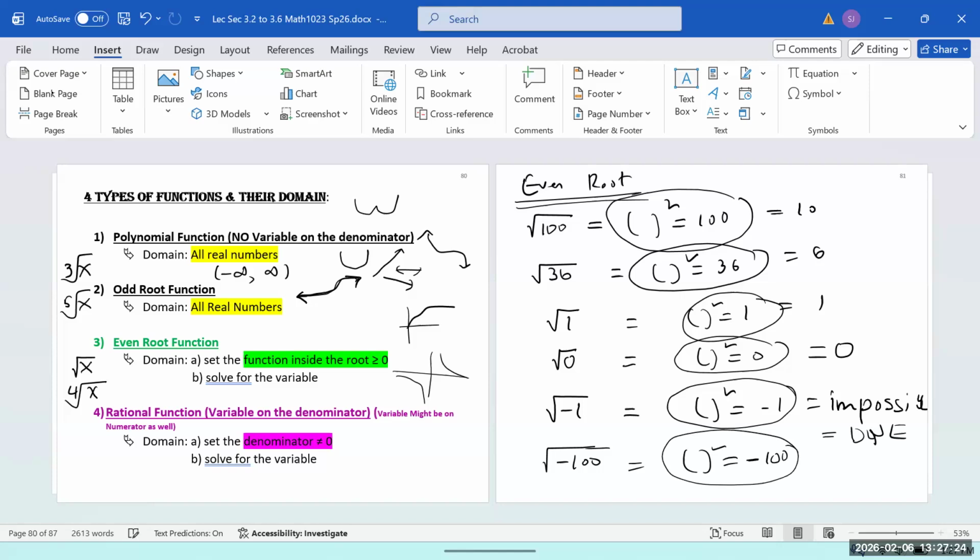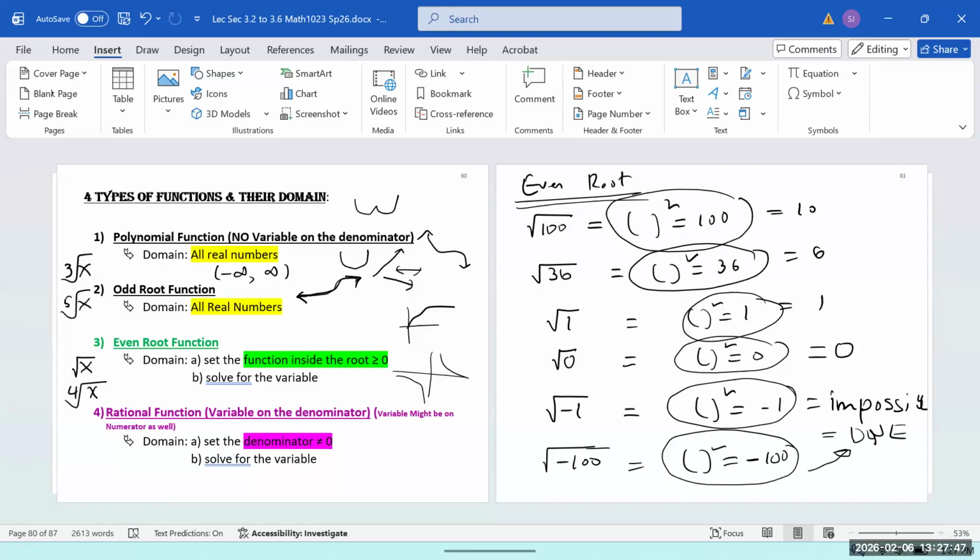It doesn't matter what number you take. If you take a positive number and multiply it by a positive, the result is positive. If you take a negative number and multiply it with another negative, the result is positive. So you can never find a number that, when you multiply it twice, the result is a negative number. It's impossible.